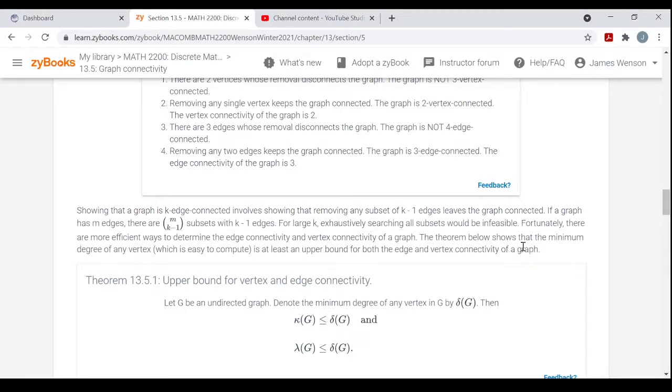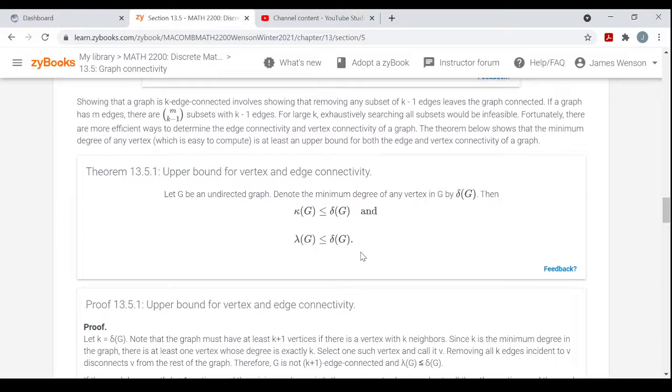The theorem below shows that the minimum degree of any vertex, which is easy to compute, is an upper bound for both the edge and vertex connectivity. Now, it doesn't tell you what it's going to be equal to, but it does tell you that this is the highest you need to check and then go down.